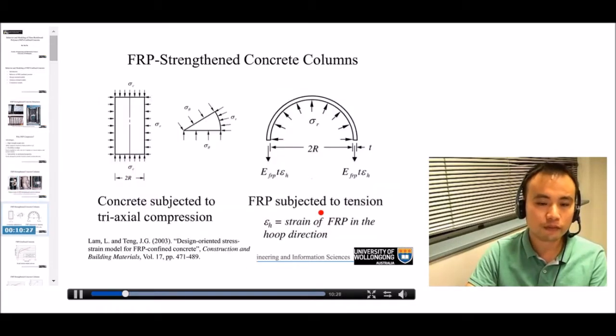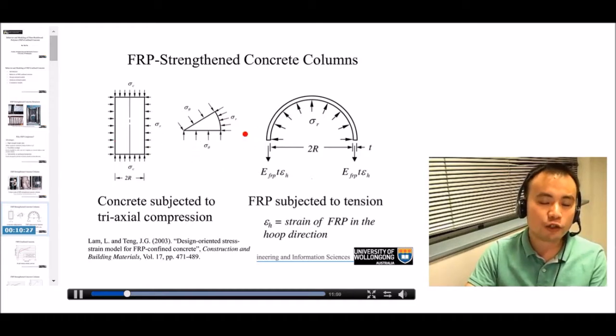region in such columns. This slide further explains the stress state of concrete in a circular column. Basically, when concrete is under axial compression, its lateral expansion is restrained by FRP, which provides lateral confining pressure to the concrete. Consequently, the concrete is under triaxial compression in all three directions.